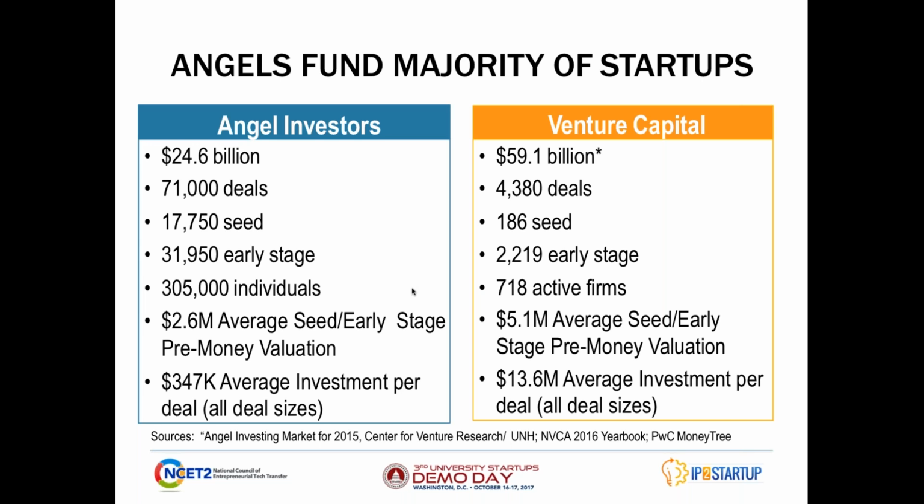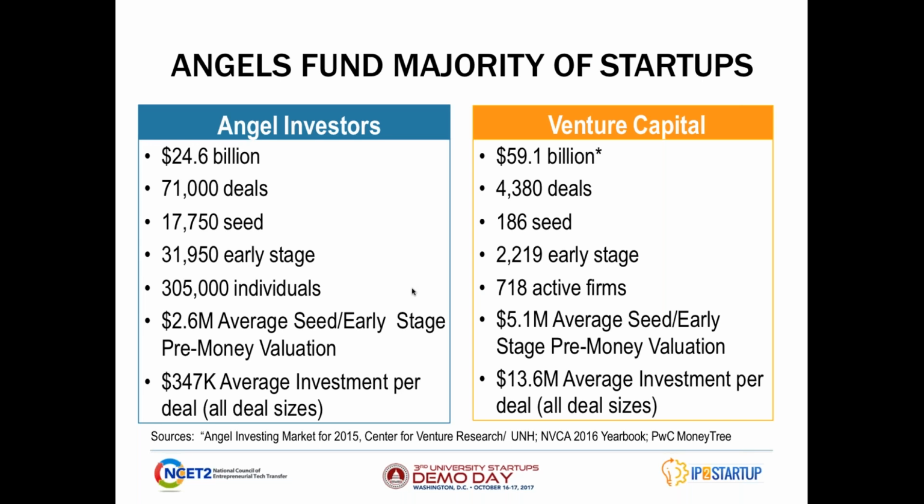VCs have about 700,000 firms, whereas angel investors is about, as I mentioned, 200,000 to 300,000. And in this particular year, they counted about 305. The size of the investment is a lot different: 300,000 average investment per deal versus like 13 or 14 million for the VCs.